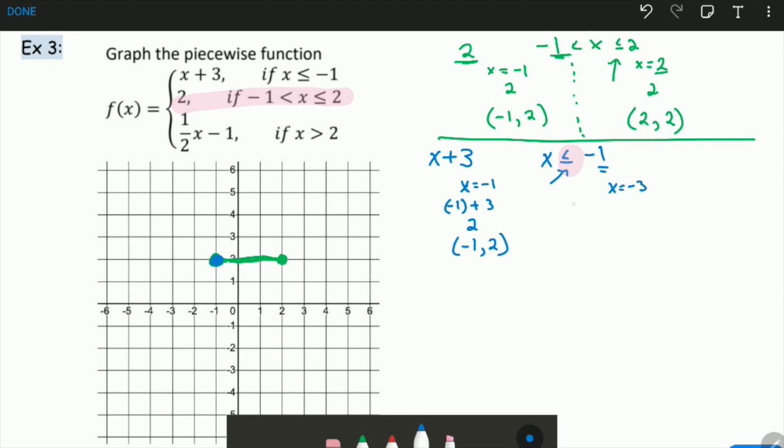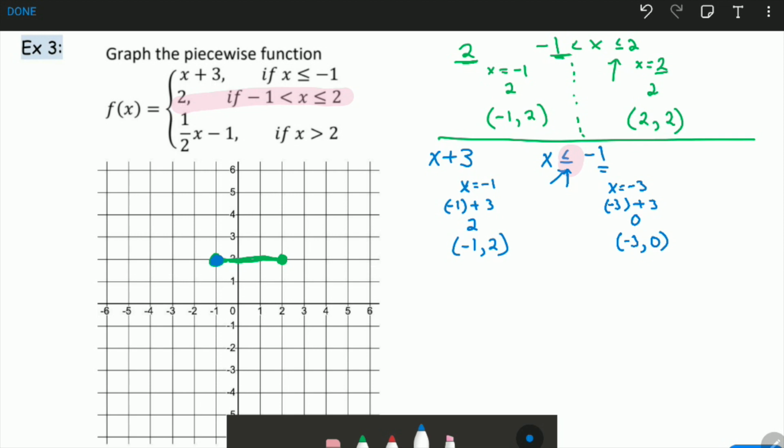I can choose anything as long as it meets that condition. If I plug this into my equation, negative 3 plus 3 gives us 0. So my ordered pair is negative 3, 0.